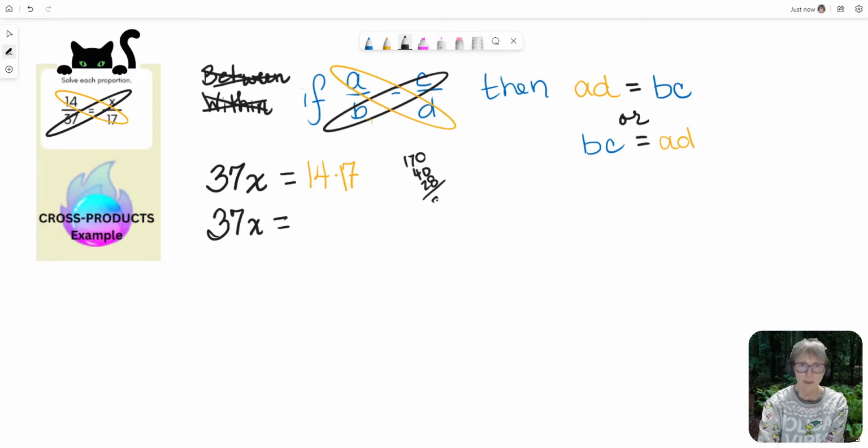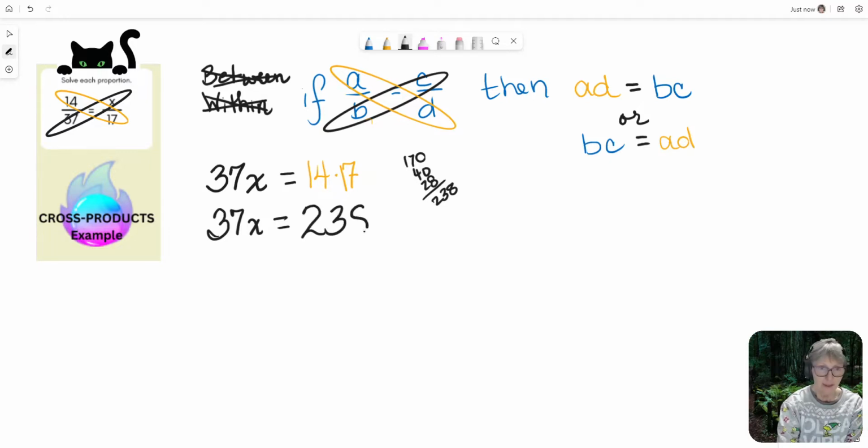No joke, that's how I multiply in my head. And I'm showing what's going on in my head on the little board here. You guys are always wanting to know how I'm doing this in my head. That's how. It's nothing like how you do multiplication when you're writing it out on paper. But that's how I do it. So 37x equals 238. Since we're talking about strategies to solve proportions, this is a strategy for mental math.